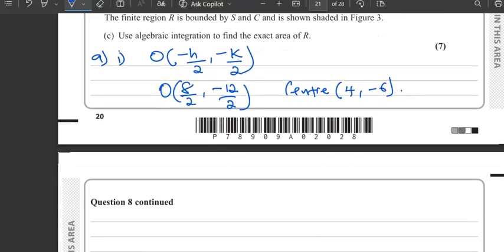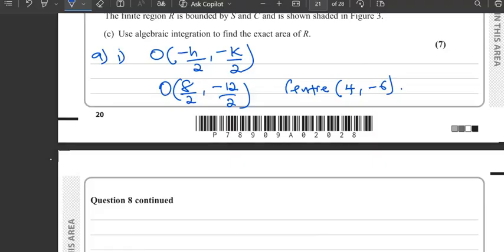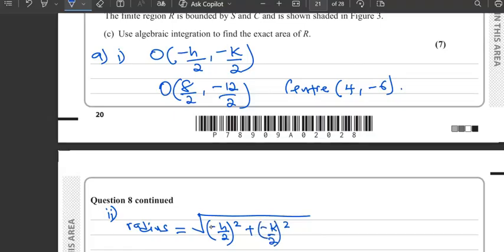We can also proceed with Roman 2. In Roman 2, you are required to get the radius of the circle. Still, we can use the formula. We can say that the radius is equal to the square root of negative h over 2, squared, plus negative k over 2, squared, then minus c.